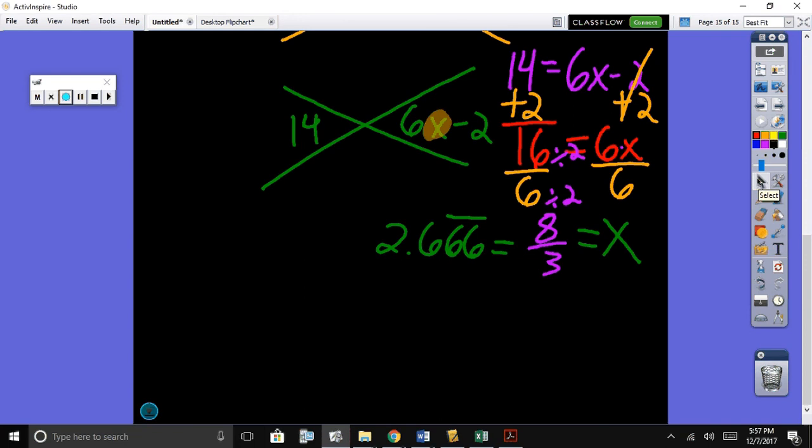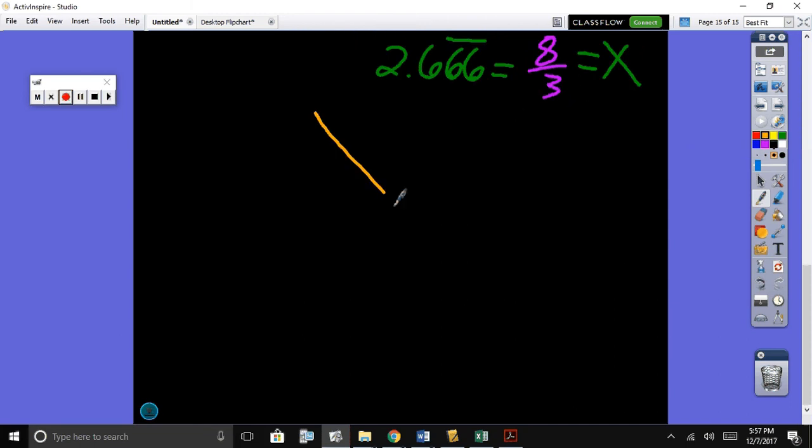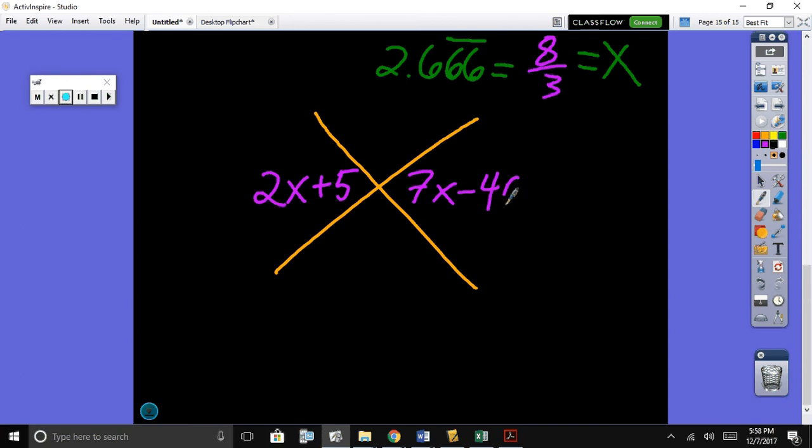Let's look at one more example and increase the difficulty of this. We're going to look at the two angles 2x plus 5 and 7x minus 40.